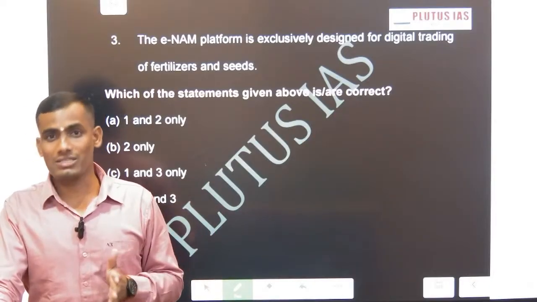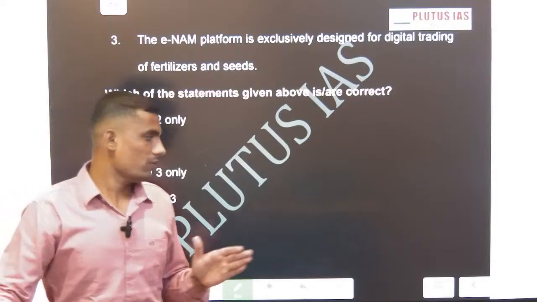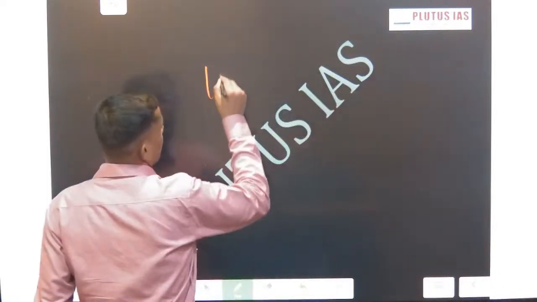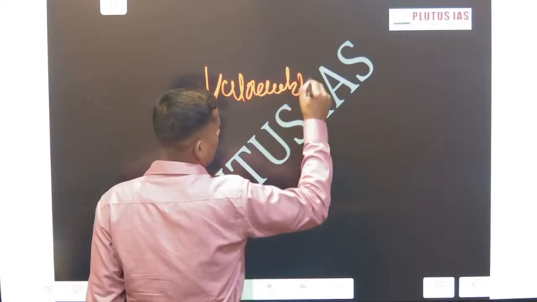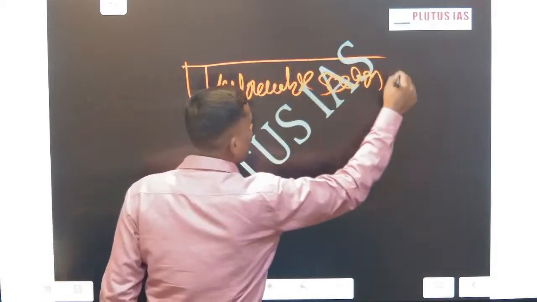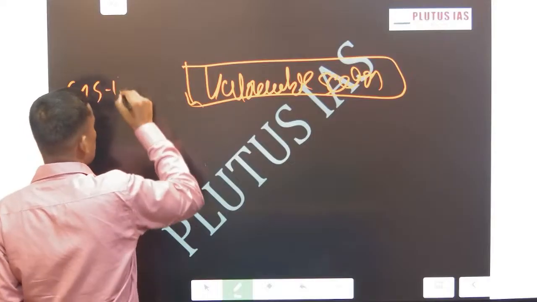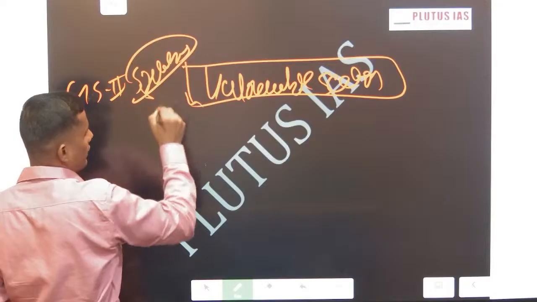But there are certain sections in the society which we call vulnerable sections, and in vulnerable sections there are many groups. This is a direct point mentioned in your UPSC GS2 syllabus.